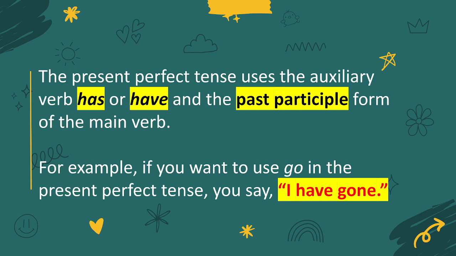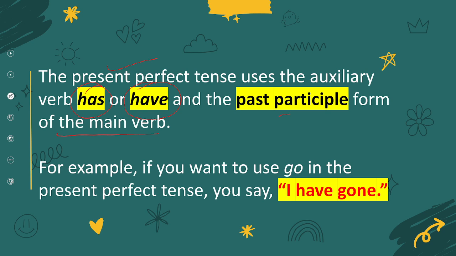When we are talking about participles, we know that we use them in perfect tenses. The present perfect tense uses the auxiliary verb, the helping verb has or have, and combines it with the past participle form of the main verb.